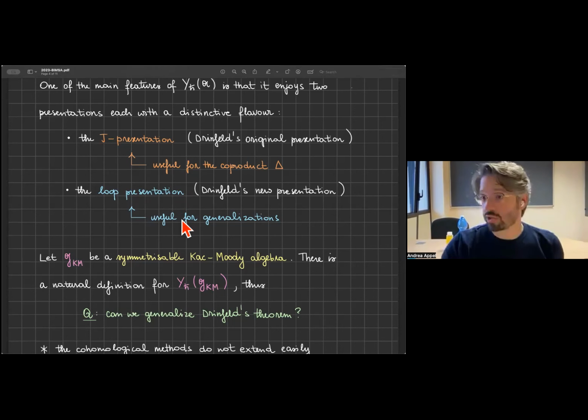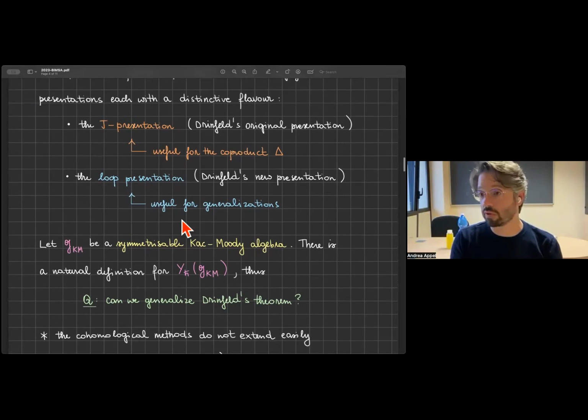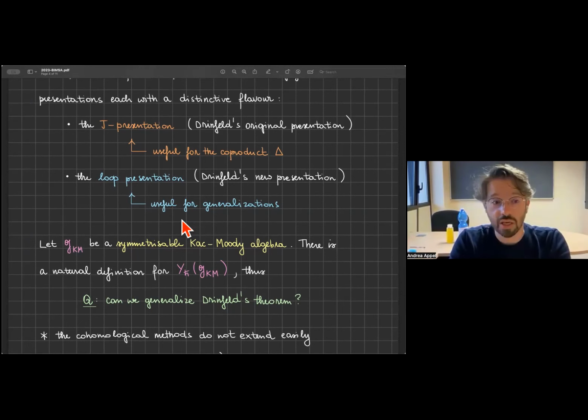Now, the loop presentation is what carries over to Kac-Moody algebras. So in particular, one of the first questions is, what about the rest of the structure? The presentation that I carry over is useful for the algebra structure, but not for the coalgebra structure.